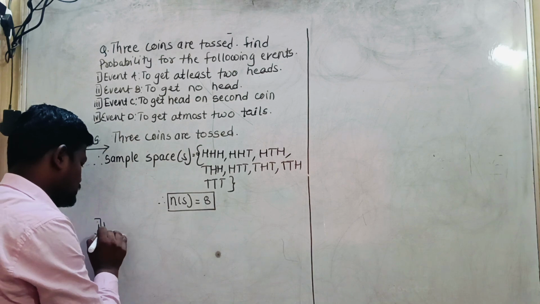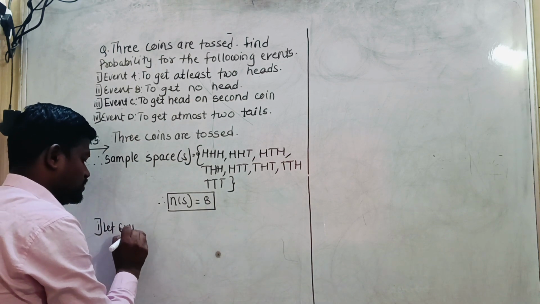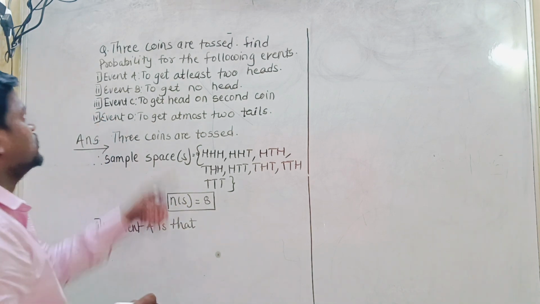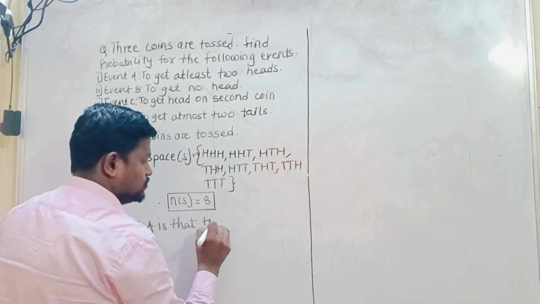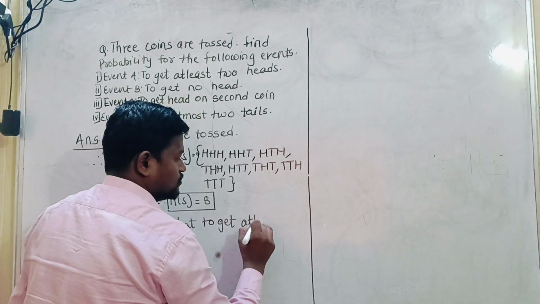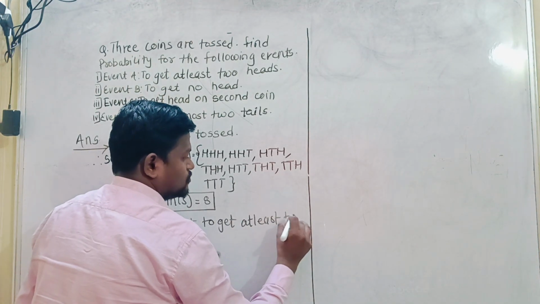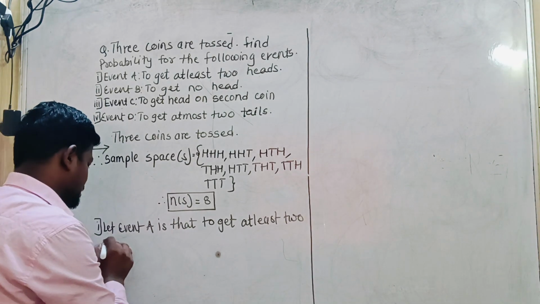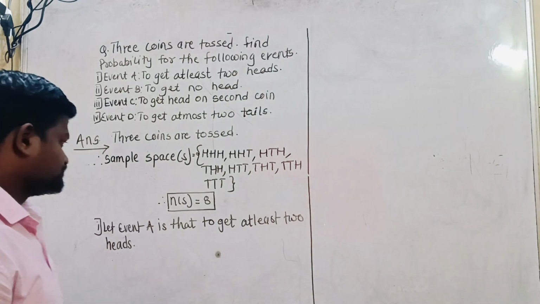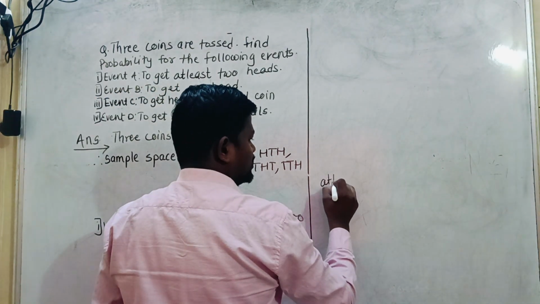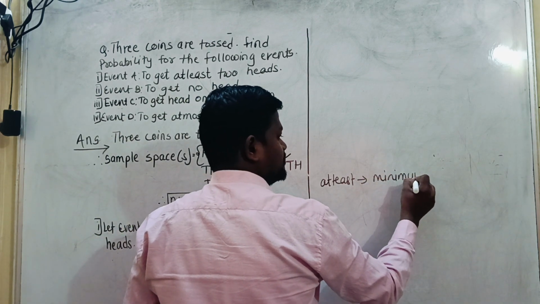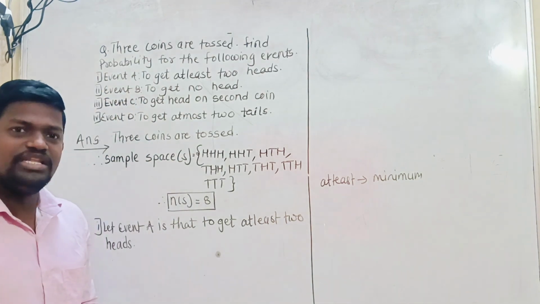Number 1, let event A be to get at least two heads. I told you earlier, at least means minimum.